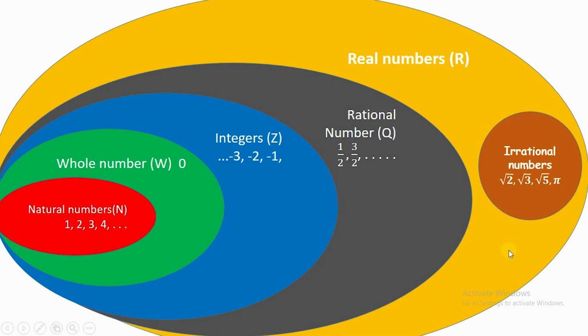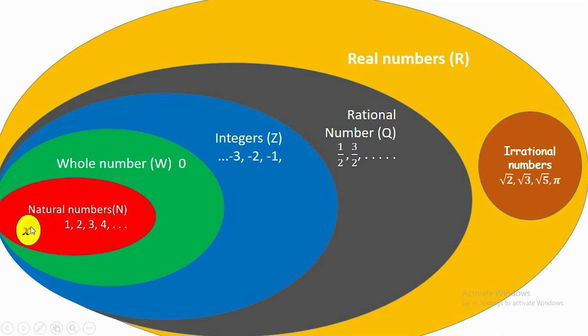Similarly, while discussing the number system, we are talking about numbers. For example, a number x is a natural number. So we can say that this x is also a whole number, because a whole number is a collection of natural numbers and 0.